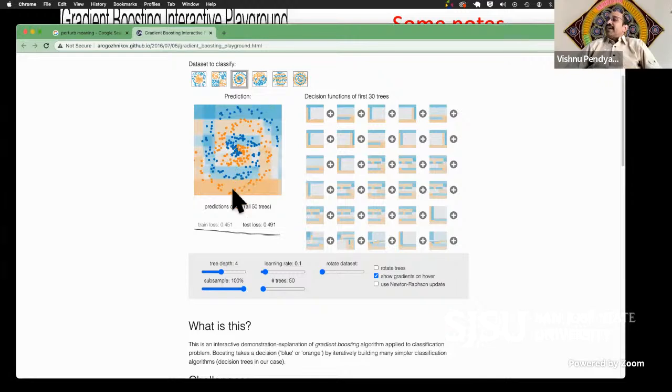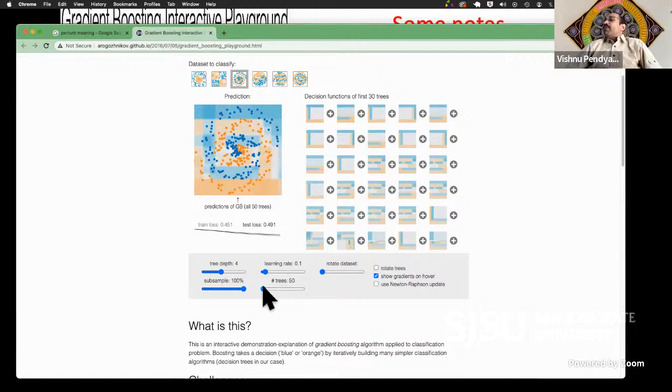So it is pretty good accuracy. The tree depth is 4. The learning rate, which is lambda, is 0.1. Of course, we are not rotating the data set. The number of trees is 50. These are all hyperparameters that you can configure. There is some misclassification, or rather some points have been left out, like these blue points. These white regions are not classified still.